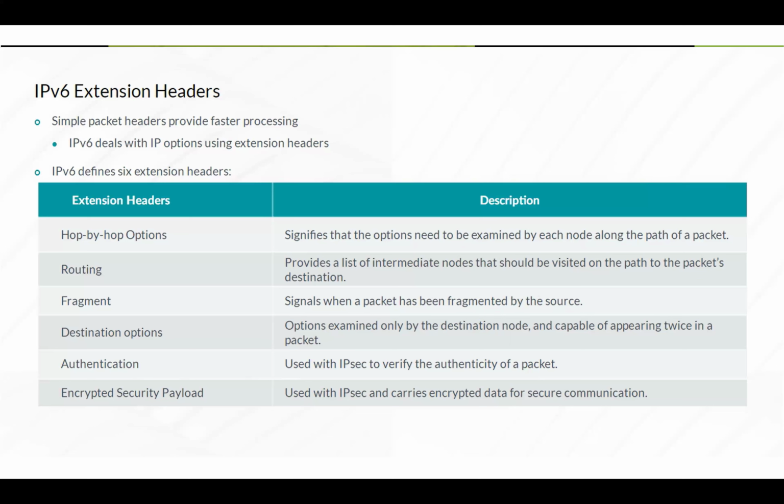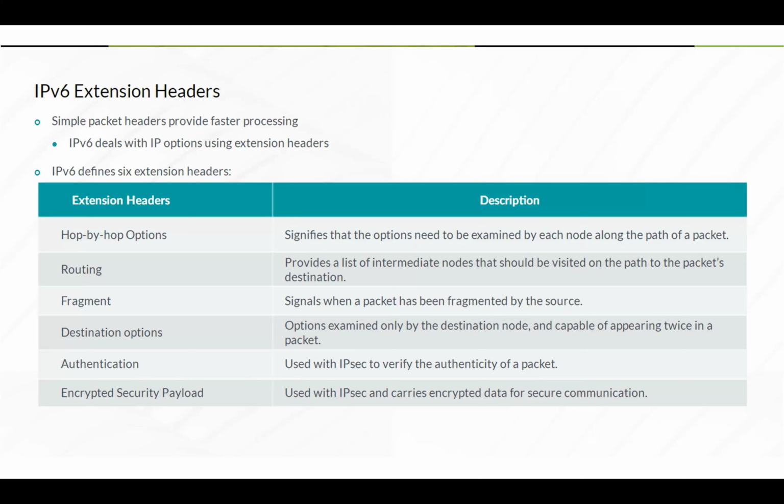Destination options. In destination options, you can say options are examined only by the destination node and capable of appearing twice in a packet. This is basically destination options.